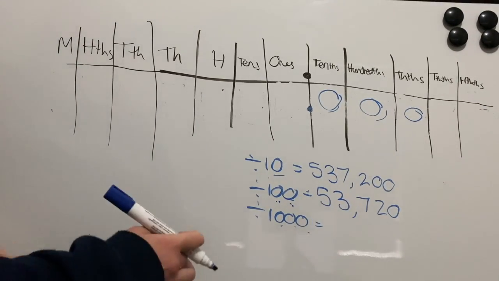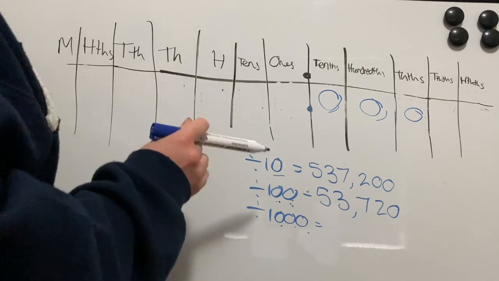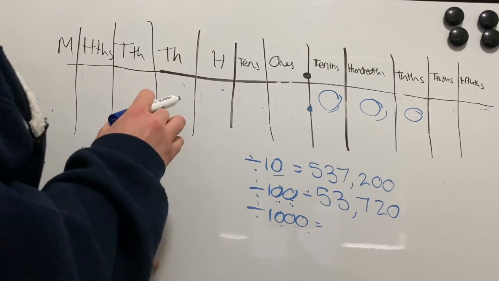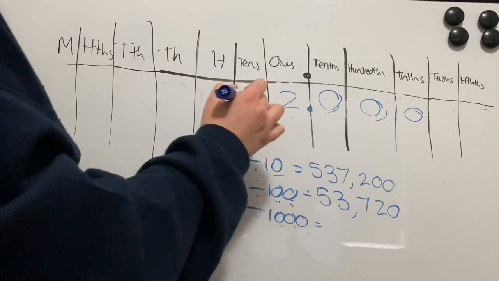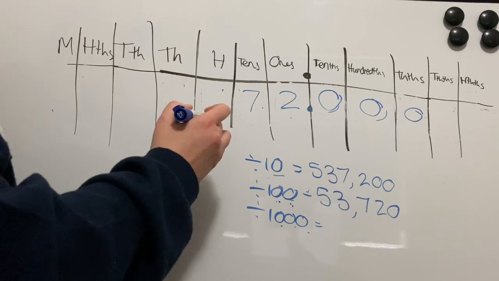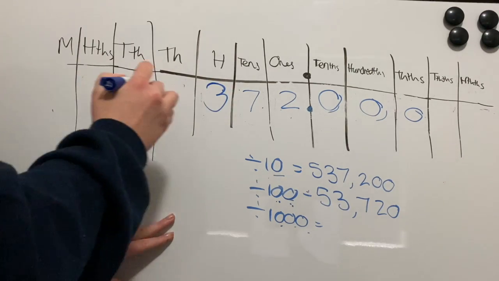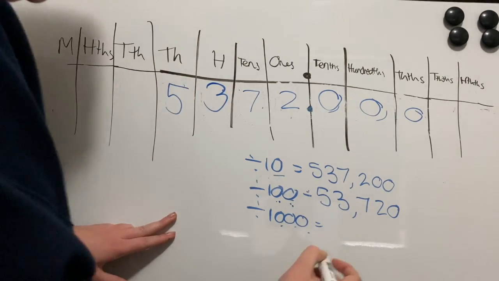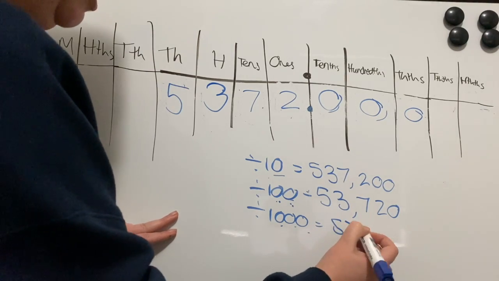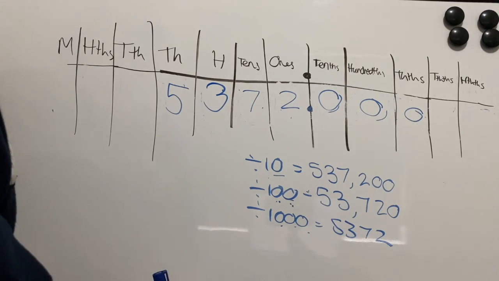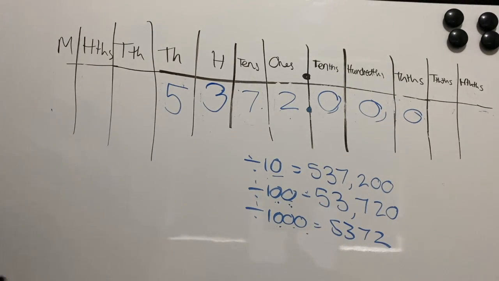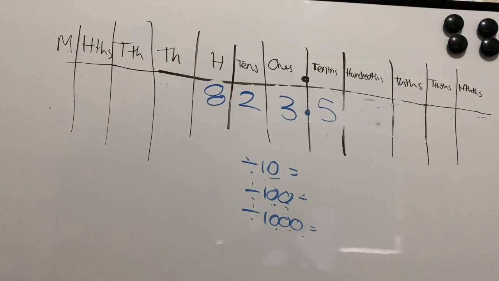And then the 2000s becomes 2 ones, the 7 tens of thousands becomes 7 tens, the 300,000s becomes 3 hundreds, and the 5 millions has become 5 thousands. Our number is 5,372, just like that.